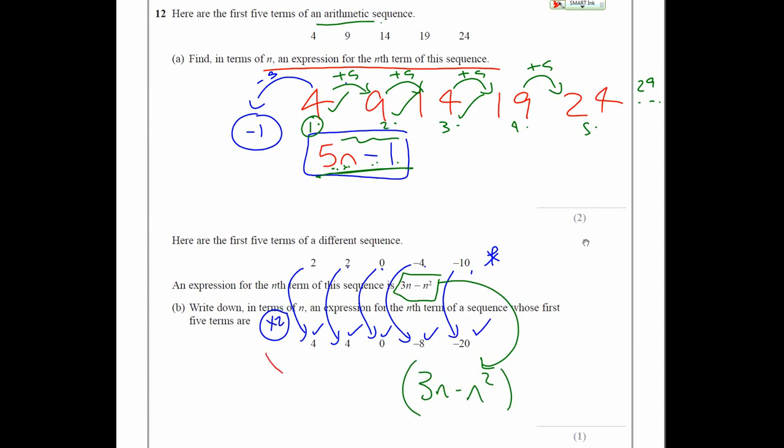So we can put 2 times it. If you want to simplify, you can, but you don't have to. We can simplify by timesing in, just to show off that we're good at algebra as well. So 6n minus n squared, or this would still get you the mark. It's only 1 mark. Clear ink.